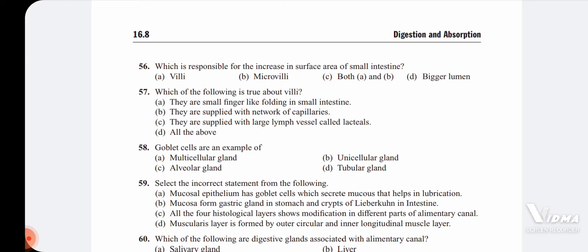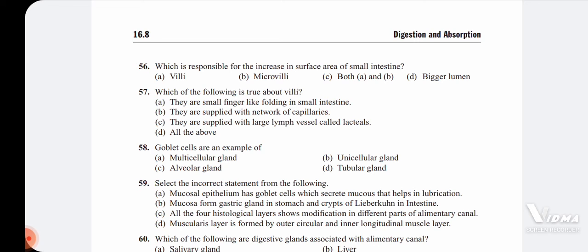They are also supplied with large lymph vessels called lacteals. Option D, all the above. So for the 57th question, the answer is option D, because whatever is mentioned in A, B, C are all true with respect to the villi.